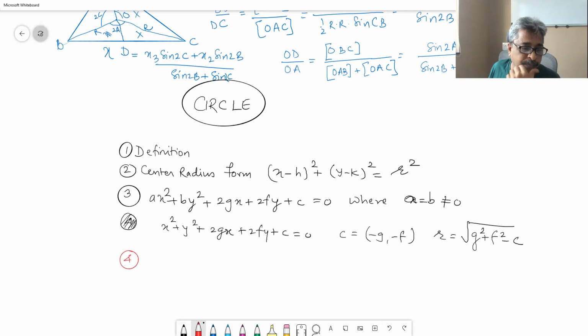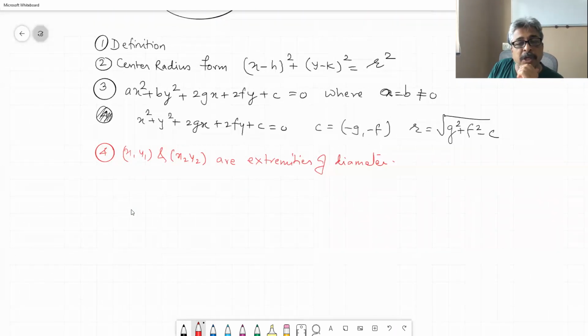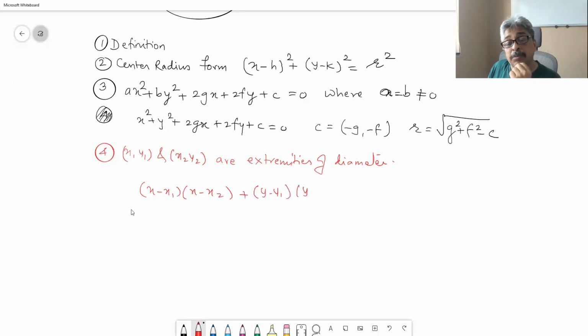4th, diametric form. (x1, y1) and (x2, y2) are extremities of diameter, then the equation of circle is (x minus x1) into (x minus x2) plus (y minus y1) into (y minus y2) equals 0.